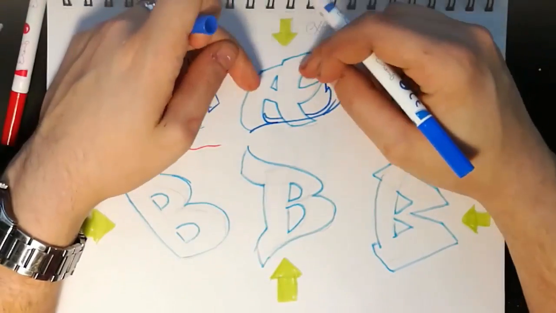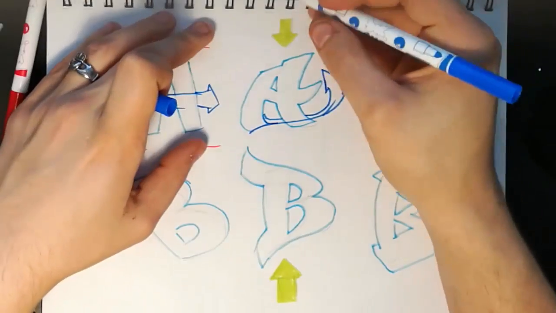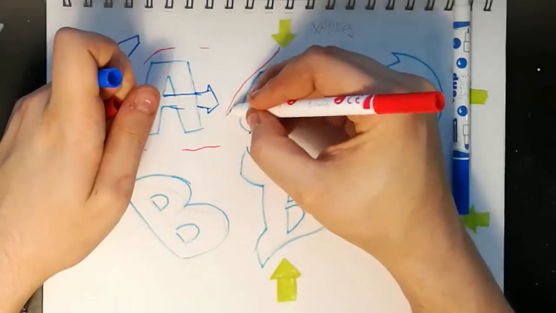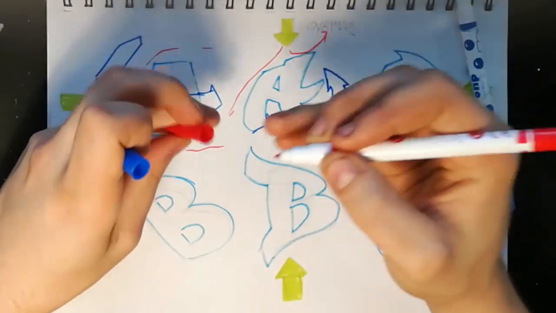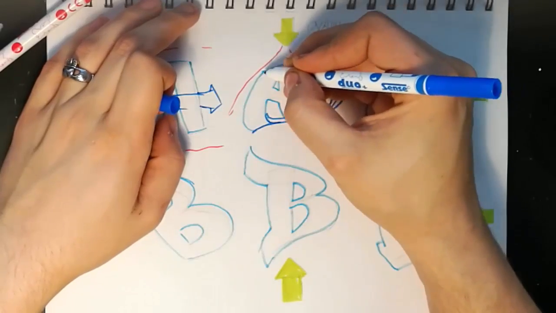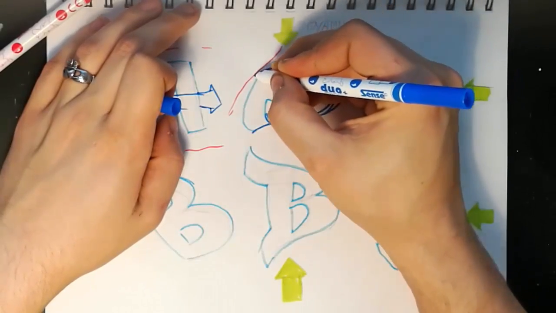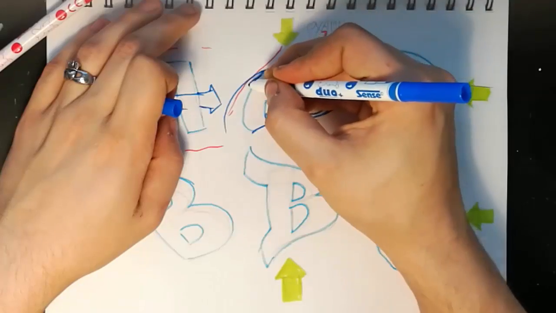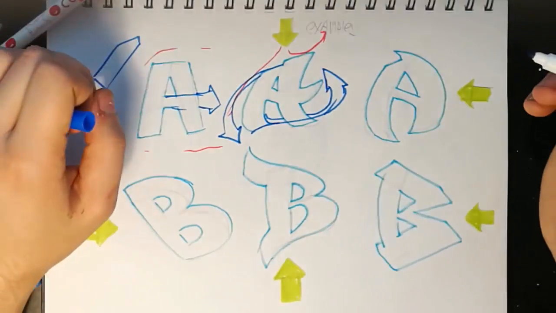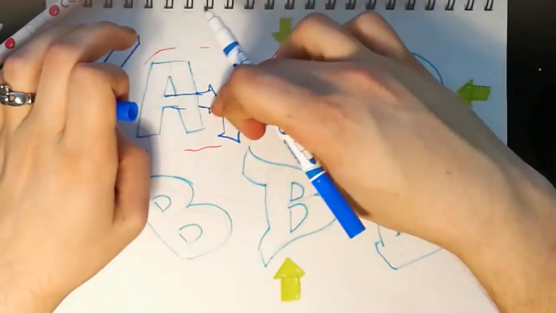So now we're going to add an arrow coming from the top, and by my understanding, the air is hitting it like this and like this. By that idea, I'm going to make an arrow go like this. And already you have a certain motion.